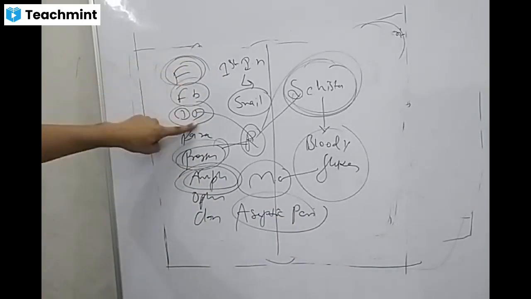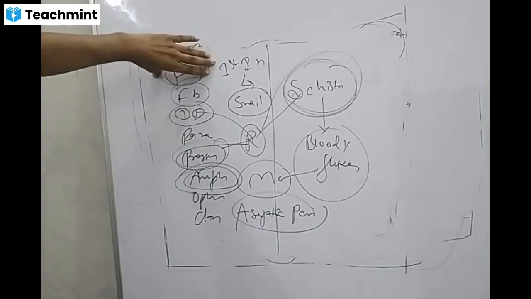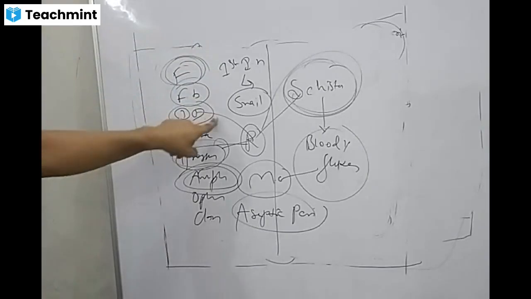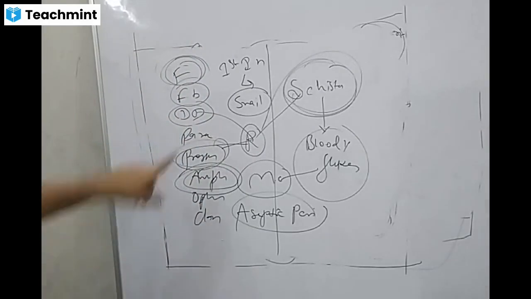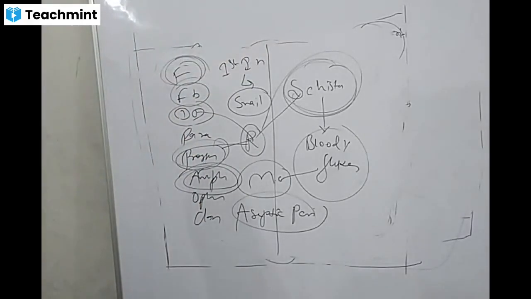Out of these, which is more pathogenic? Fasciola. Why? Because there is an immature migratory phase. In case of DD, the immature migratory phase is absent, so no pathogenesis. In case of Paragonimus, lungs are affected, that may lead to rusty brown colored eggs in the sputum or eggs in the feces.